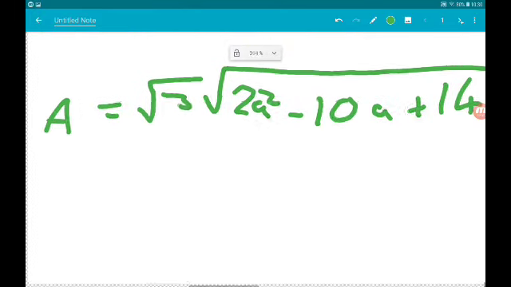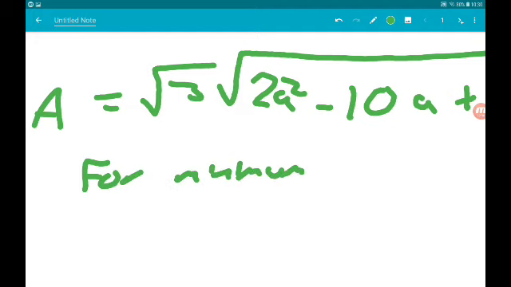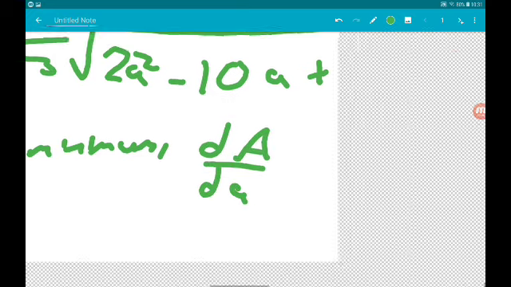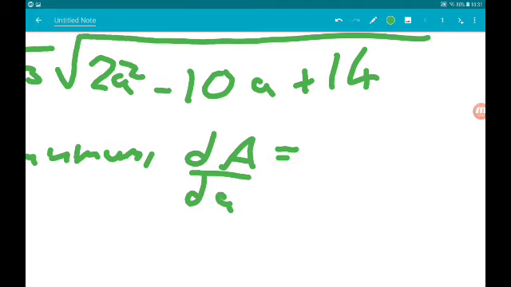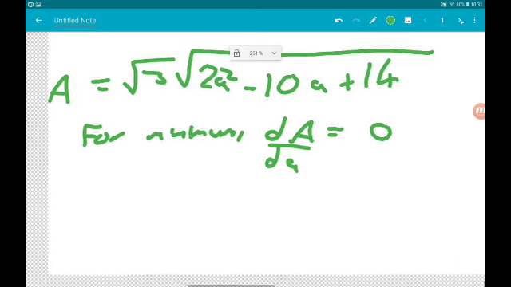So, for a minimum, dA by da is equal to 0. So now we need to differentiate this.